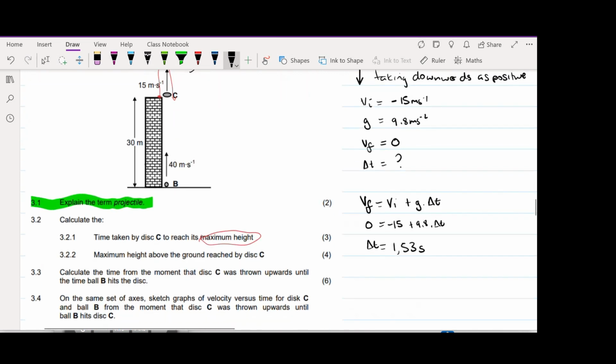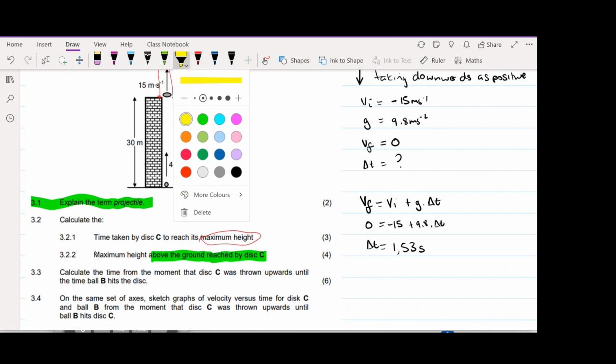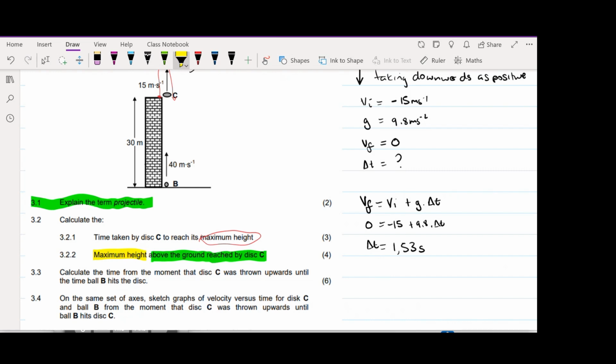Then the next question is to calculate the maximum height above the ground that disk C would reach. My advice is that you do this question in parts. First, you calculate the maximum height that the object reaches above the building. Then you need to add the 13 to that maximum height. Many learners forget to do that, and then they lose marks.